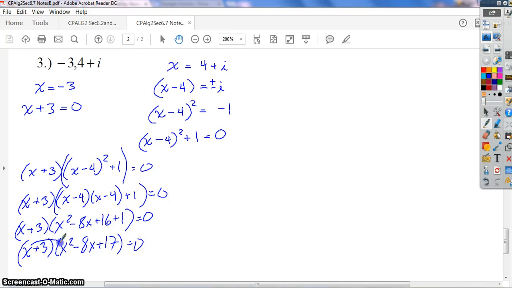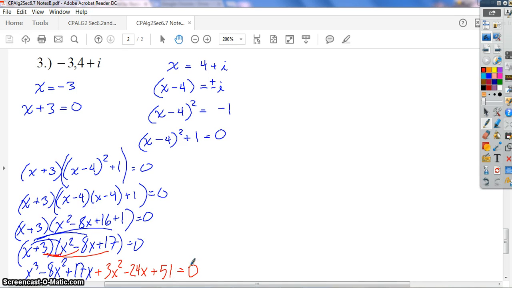And now I need to multiply my x's. So I'm going to have x to the third minus 8x squared plus 17x. And we go ahead and multiply this 3 in. Okay, so I'm going to get 3x squared minus 24x plus 51.